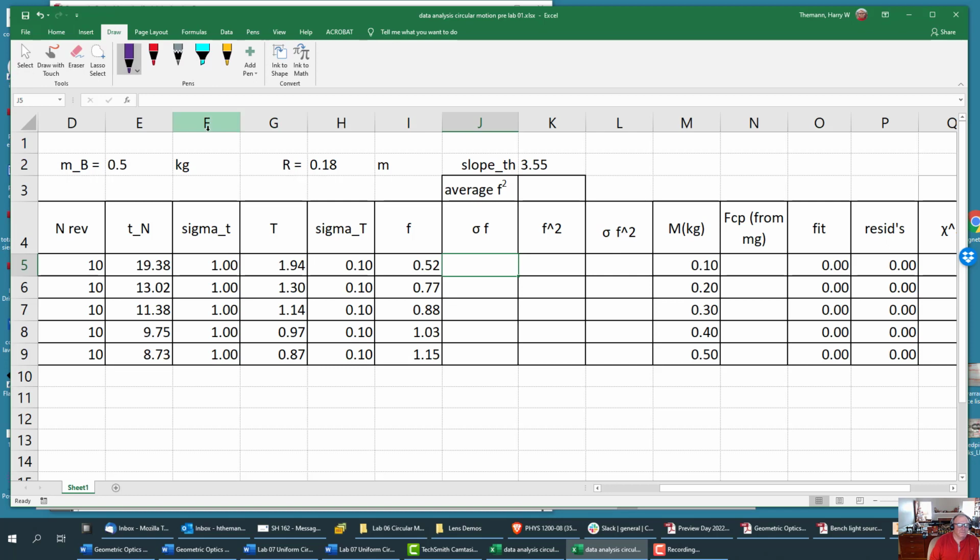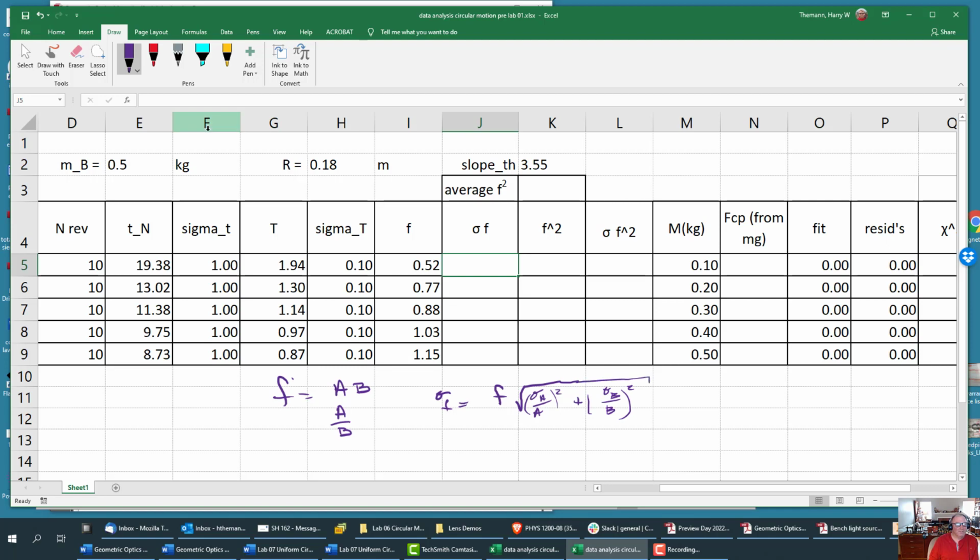Excuse me. So when we have f equals a times b, or a over b, then the sigma on the f equals the result. And now this f is not the same, it's just the result. And then times the square root of sigma a over a squared plus sigma b over b squared.